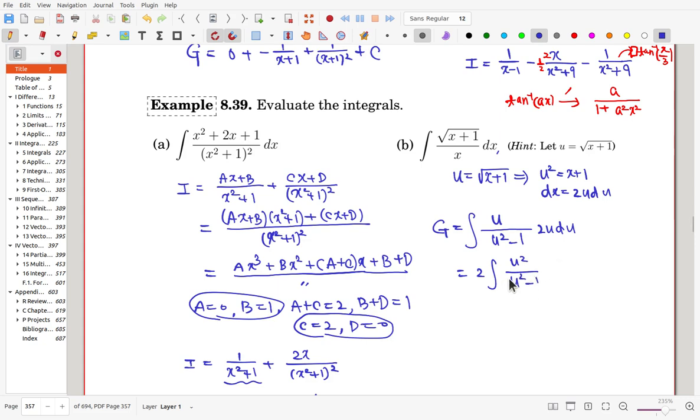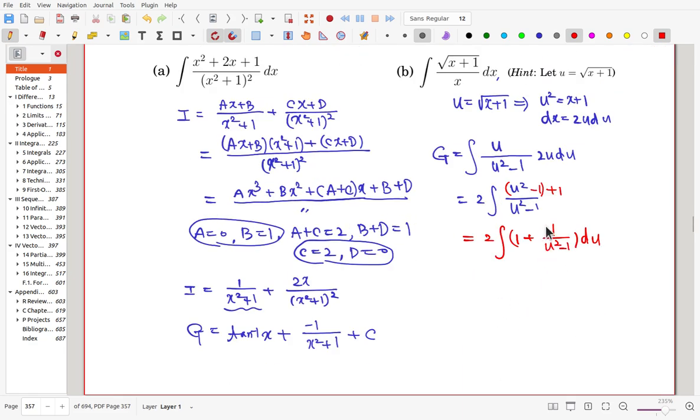Now it's not proper, so we put here minus 1 and then plus 1. For this portion it becomes 1, so it can be written as twice the integral of 1 + 1/(u² − 1) du, right?